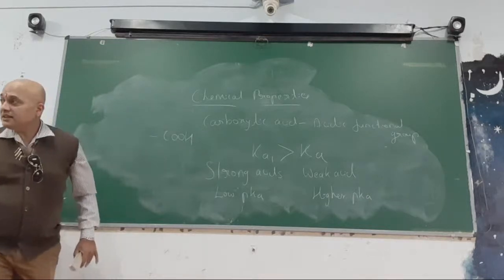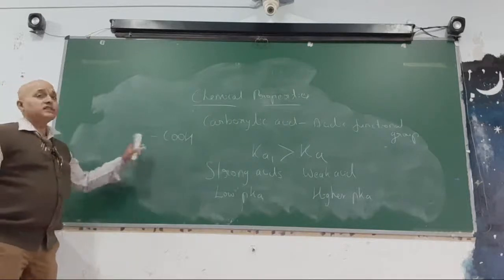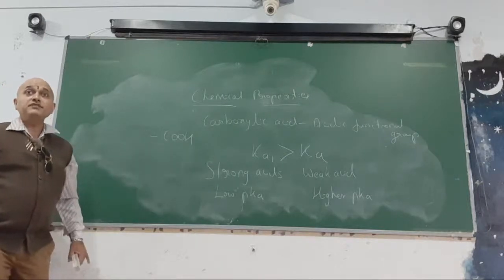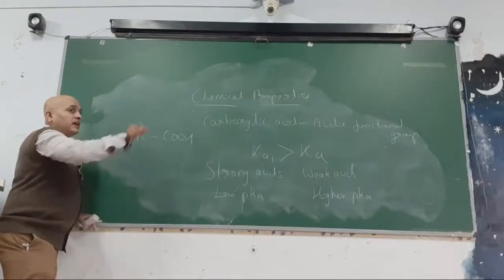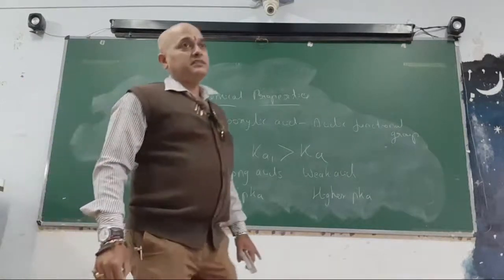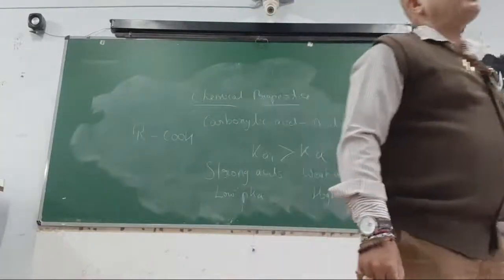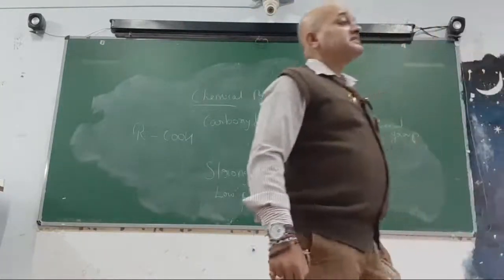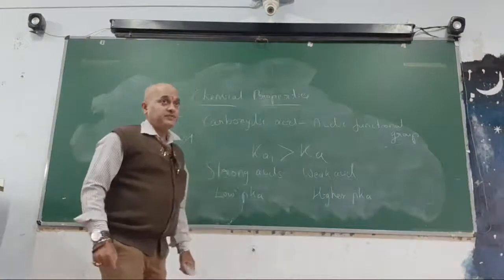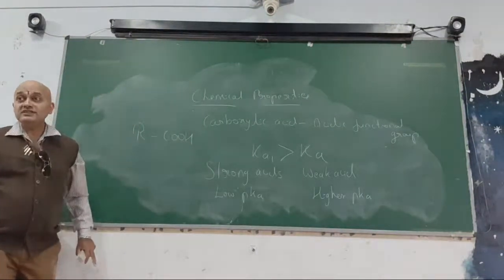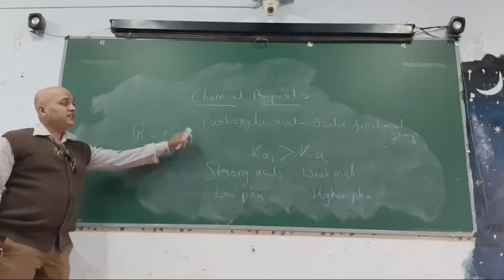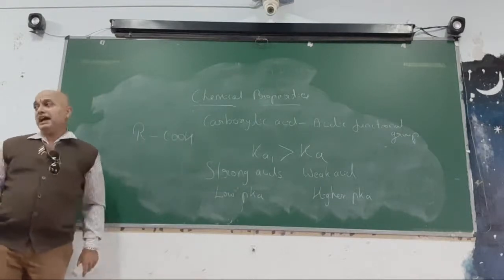What is the reason? Because of the difference in its partner. Which is that partner? R, that is alkyl. The partner alkyl decides the acidic character of the carboxylic acid.